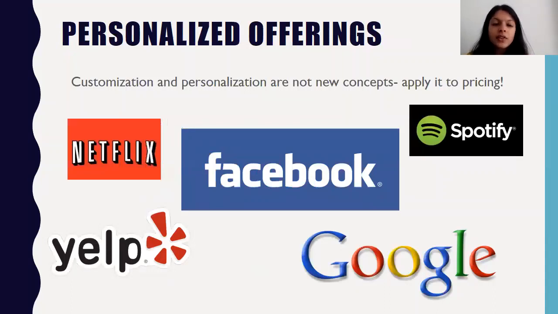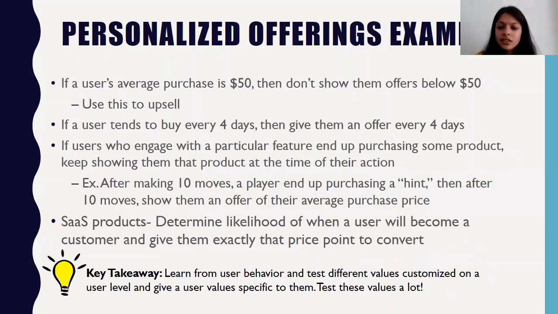So since we do get customized and personalized content, we should be able to apply the same principles to price offerings, right? And this is what we do currently at Zynga, and in many games actually, but I have not seen this very commonly in other products.